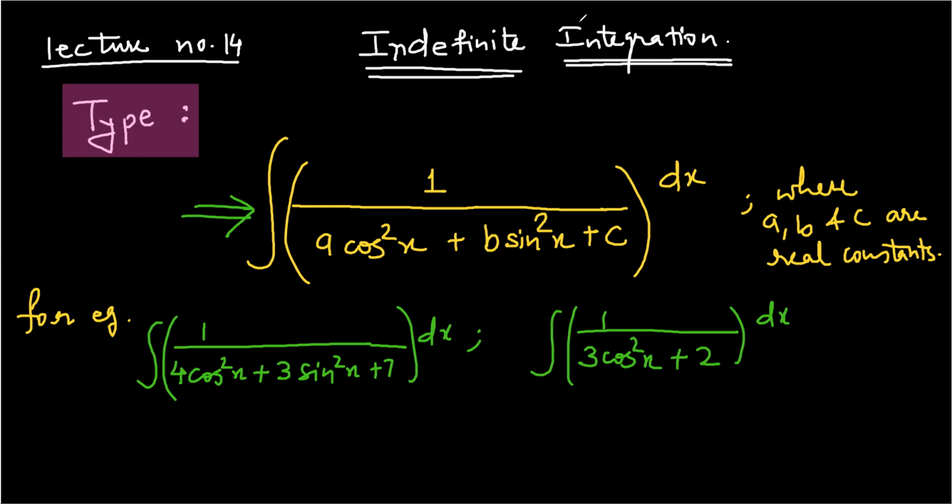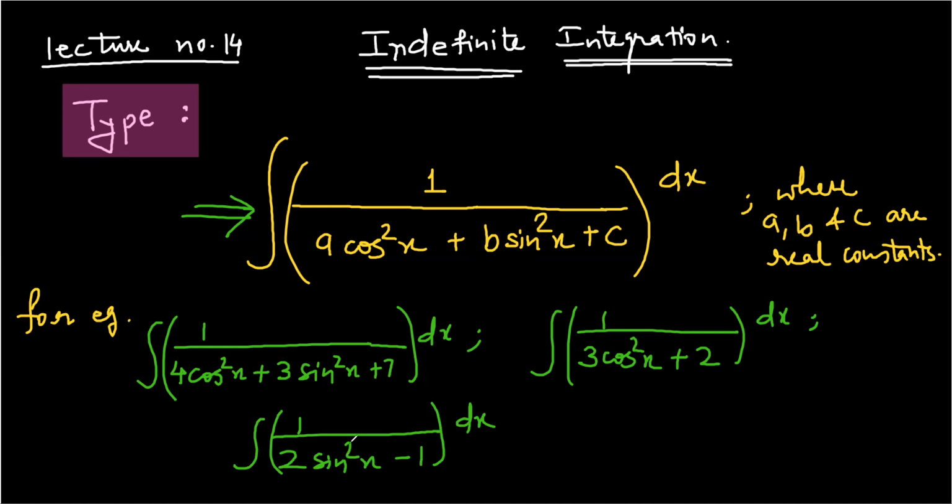Then you can have one problem, 1 upon, say, 2 sin square x minus 1 dx. Now here you don't see the cos square x term.